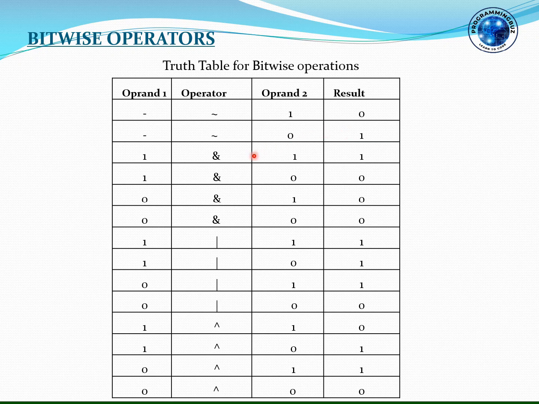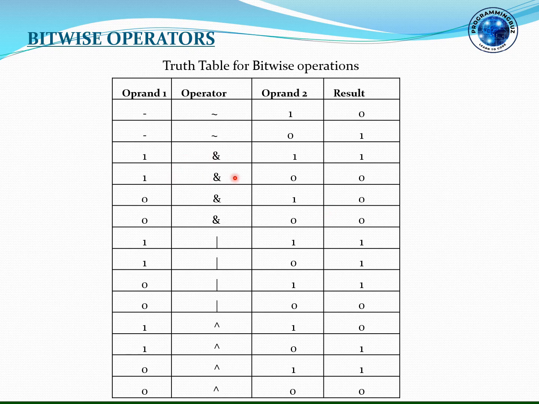Let us see the next operator, which is the AND operator. In the AND operator, output will be 1 only if both the operands are 1. That is, only 1 and 1 equals 1, and in other cases the result will be 0.